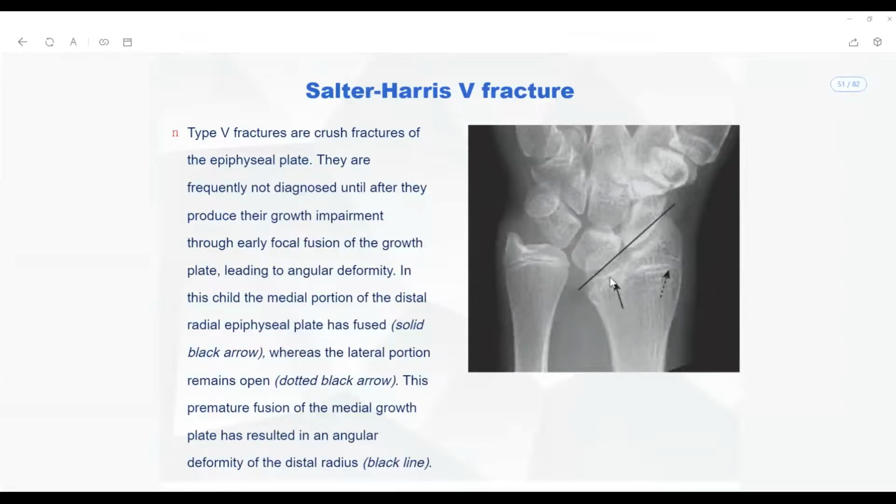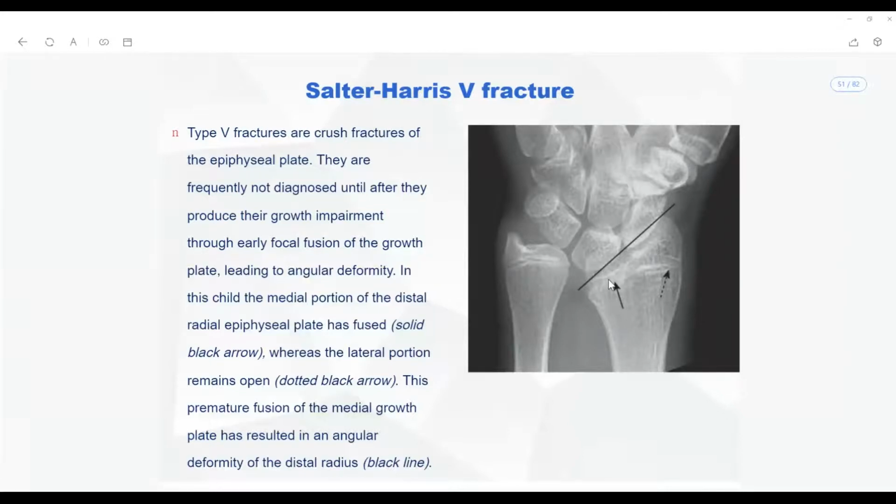And you can see there is a hyperlucent line on the lateral side. So this is the normal plate here, and this is the impacted area of the epiphyseal plate. Generally, what happens results in a change of the articular surface.